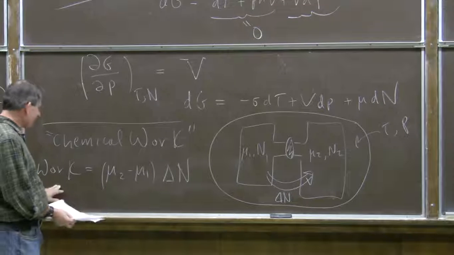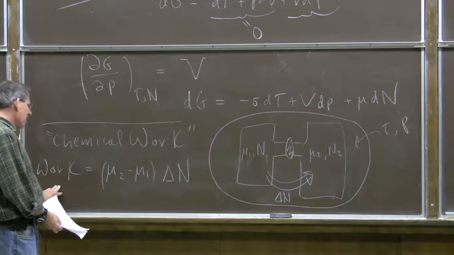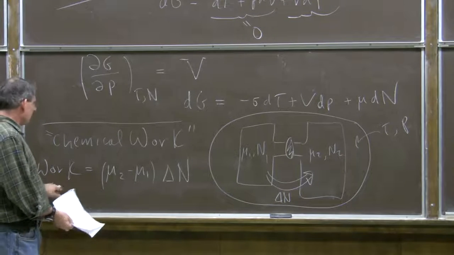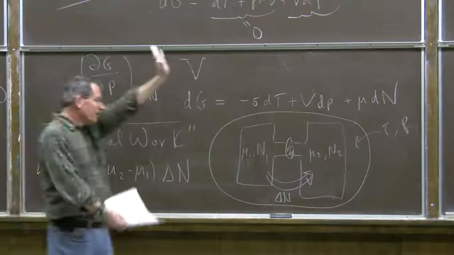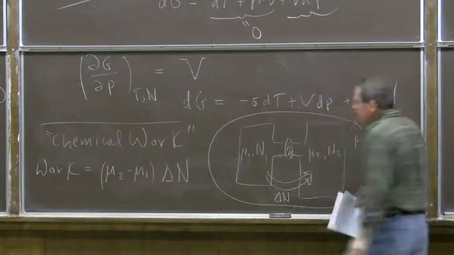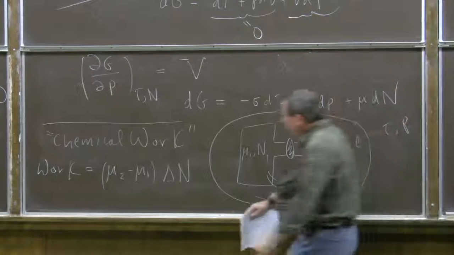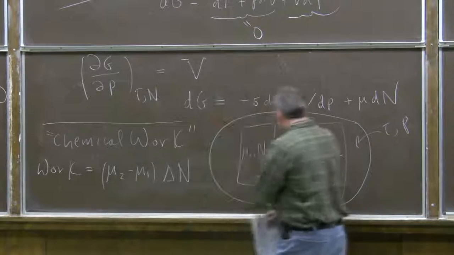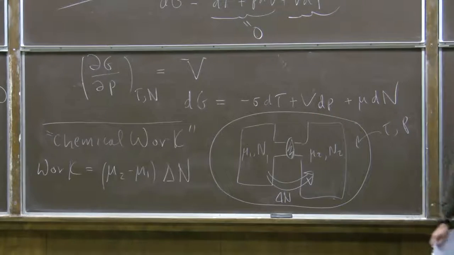I guess this is the work done by the system then. No, it's the work done on the system. Right. We're doing work on the system. We're pushing it uphill. When mu2 is greater than mu1 and particles are flowing from 1 to 2, we're putting the system into a higher energy configuration, and later we can let the particles flow back and convert that energy that we've stored to useful work.